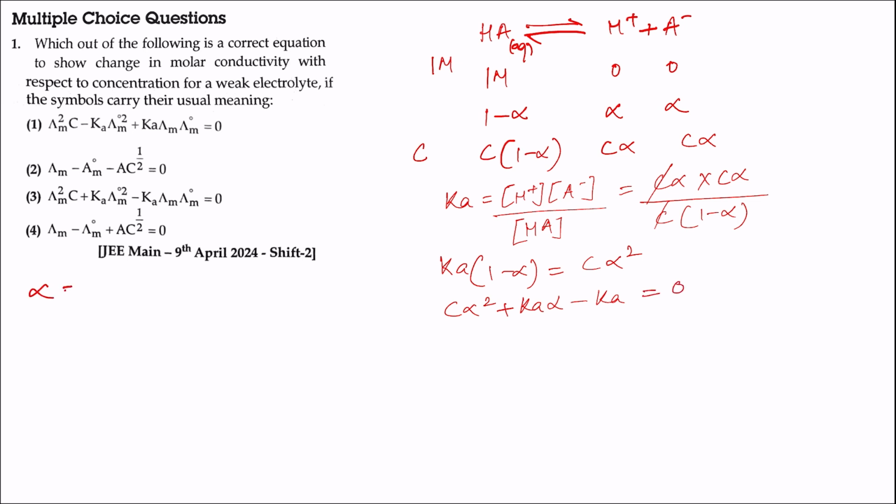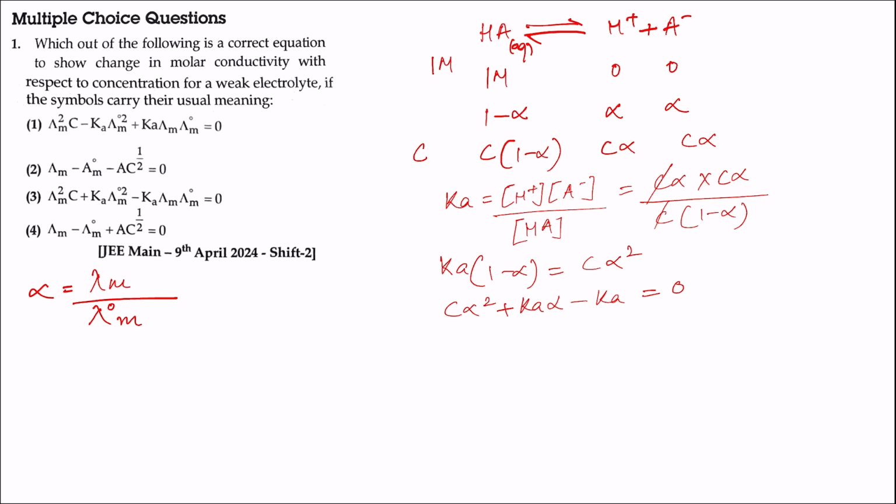Now the value of alpha can be written as equal to the molar conductance of the electrolyte at a given concentration divided by the conductance of the electrolyte at infinite dilution, or it can also be said limiting molar conductance.